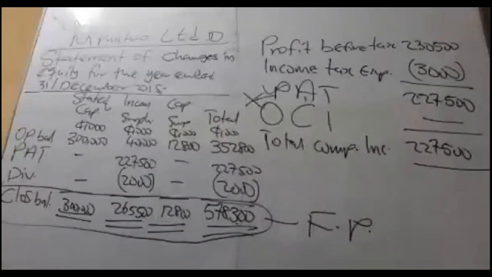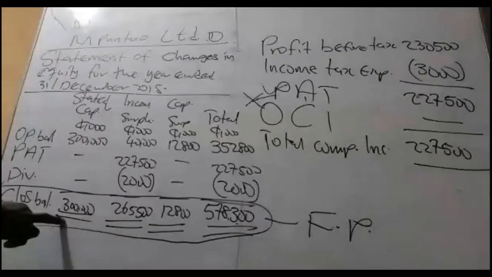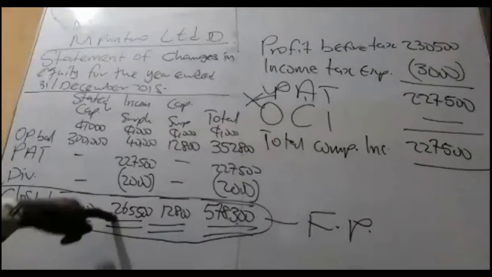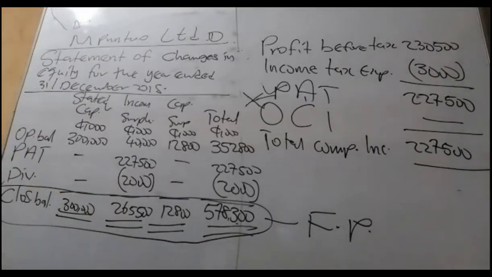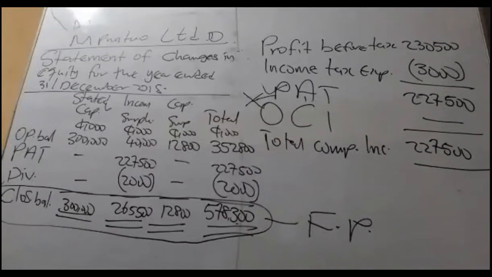So when you go to the financial position and you mention stated capital, record 300,000. You mention income surplus, record this figure. Capital surplus, this figure. That's for now. I hope you get it. Good. So that is it. Okay. Now let's see.